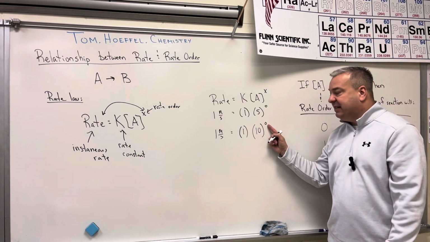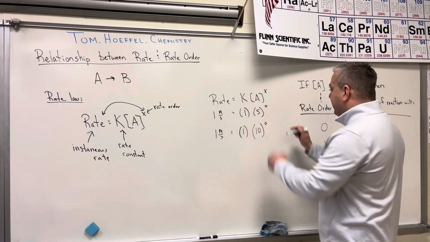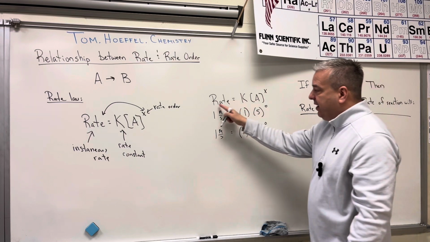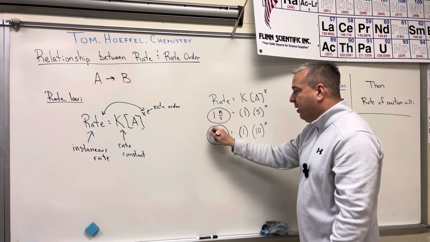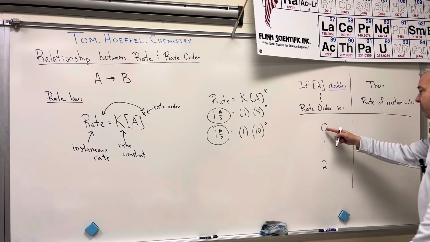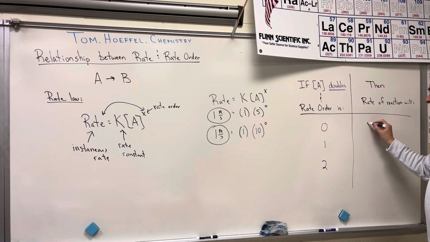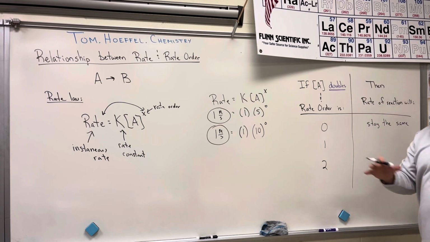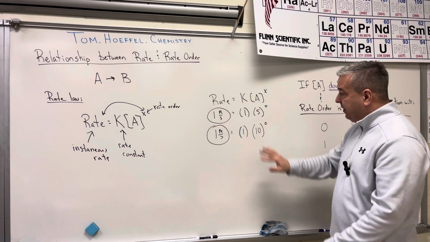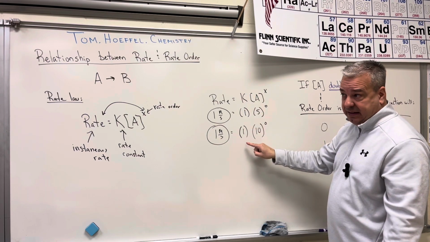Any number to the 0 is going to be 1. Whenever something has a rate order of 0, it's not going to change the overall rate. I'm still at 1 molarity per second. So when the rate order is 0, the rate of the reaction is going to stay the same. It's not going to change. It's going to be constant. Really the only thing that determines the rate is the rate constant.